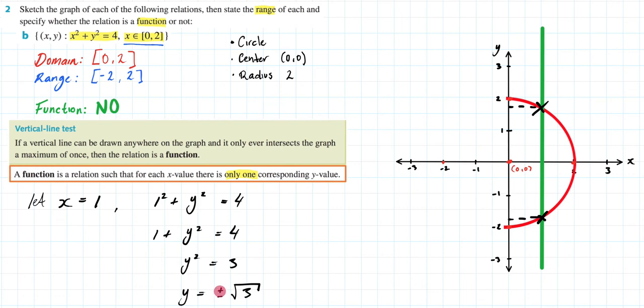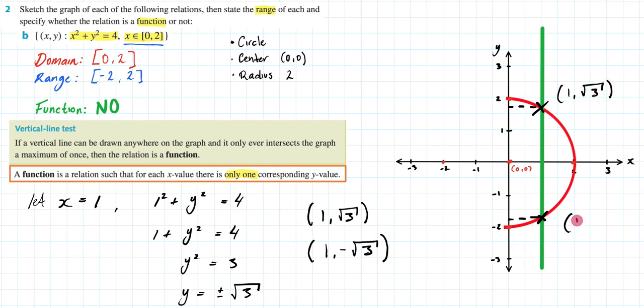And as you can see here, because I have this plus or minus, I've gotten 2 solutions out. So one solution will be (1, square root of 3), and my other one will be (1, minus square root of 3). And this one would be here and one would be here. So this would be (1, square root of 3), and this would be (1, minus square root of 3).